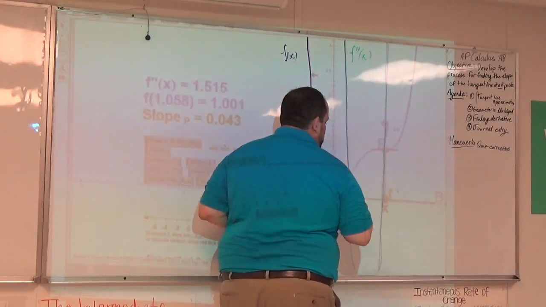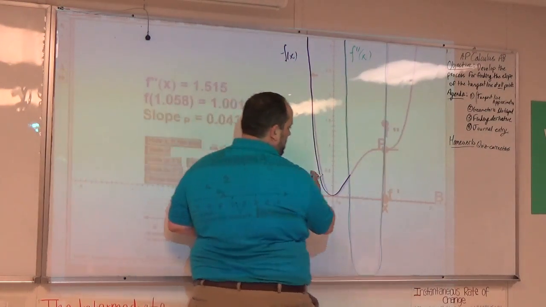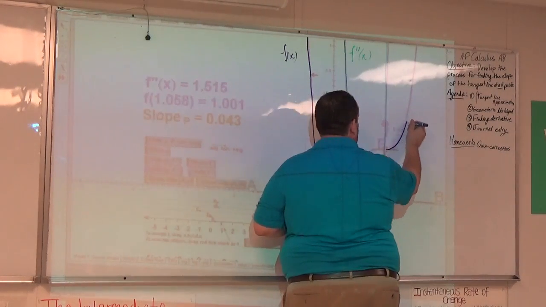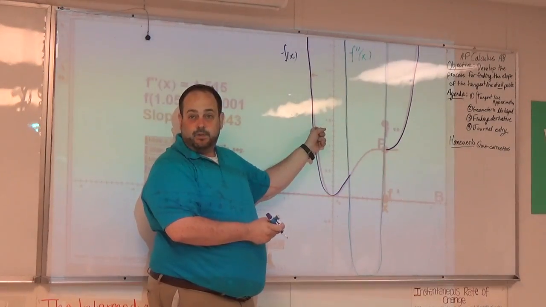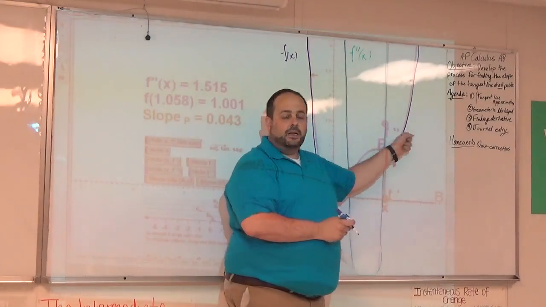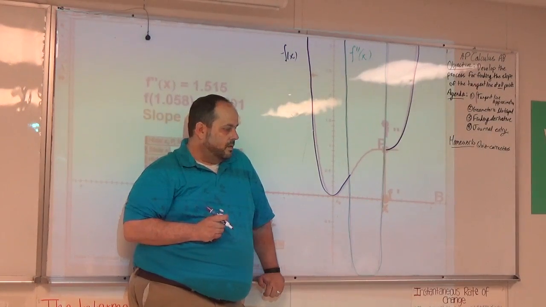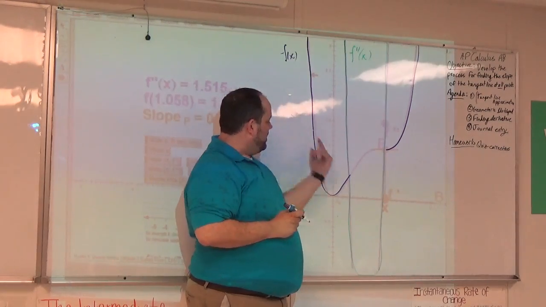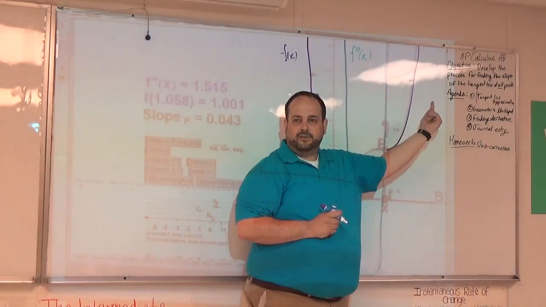Let's see, any other place where the original graph is concave up? Look at the second derivative graph. You're concave up all the way up until this point over here, and then after point P on forever.